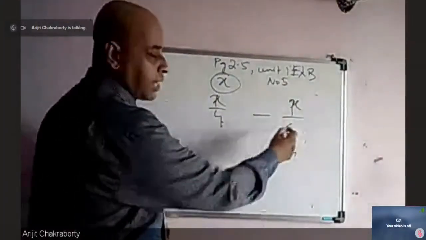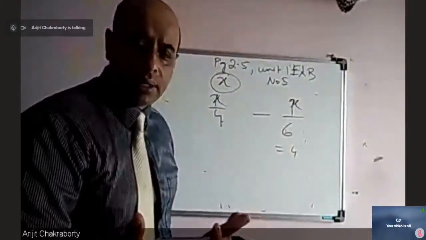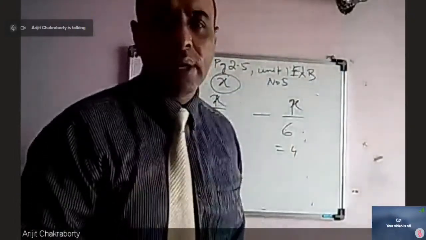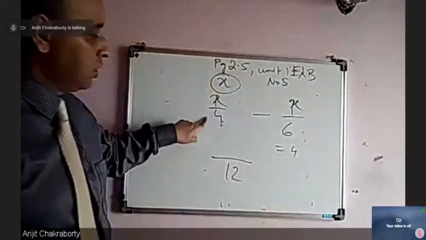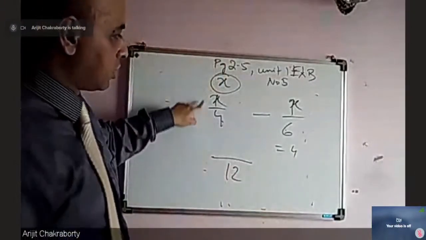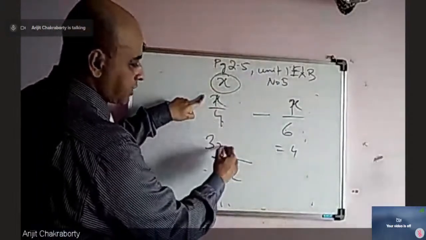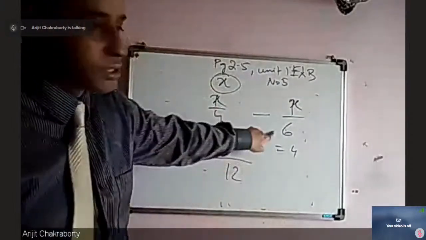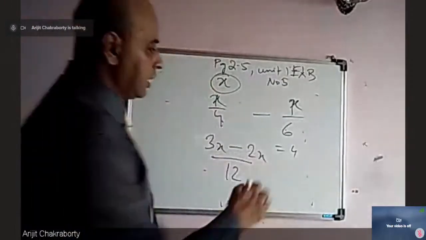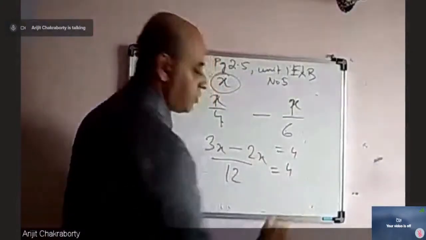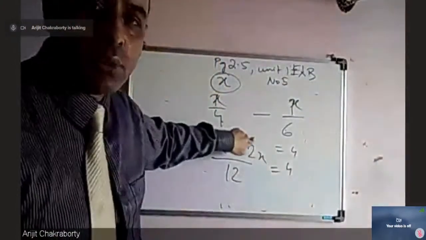So 4 and 6, what is the LCM? The lowest common multiple, LCM is 12. So I write 12. 4 goes 3 times, so I write 3x, minus 6 goes 2 times, so 2x. This is equal to 4. So 3x minus 2x is how much?